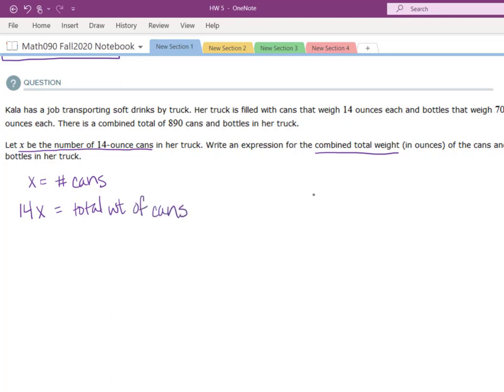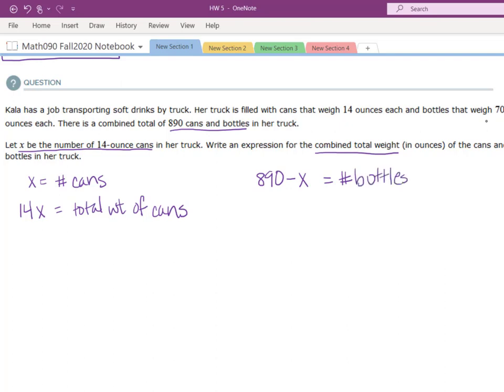Okay. So now we also know that there's a total of 890 cans plus bottles. So similar to the last problem, if I take the number of cans away from 890, that leaves me with the number of bottles. So if I do 890 minus X, that's the number of bottles.